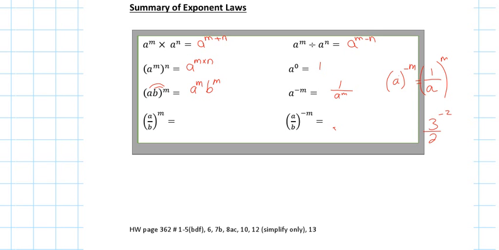But the minute I have this, eyes on the board please, that's a totally different question. In this case, only the 3 is to the power of negative 2. In this case, both of them are to the power of negative 2. This is very important, and a lot of the time the students don't understand the difference between them.